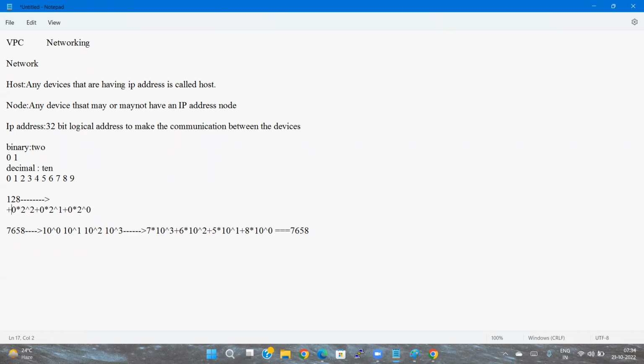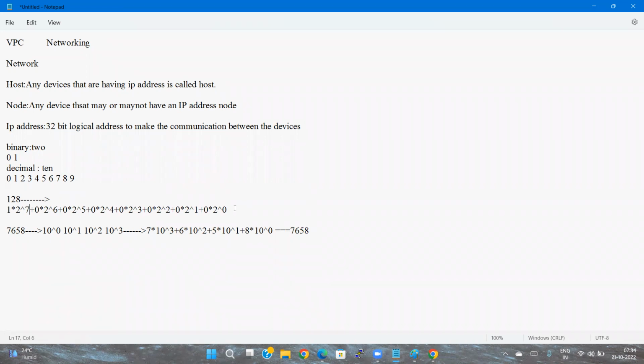2 to the power of 2 is nothing but 4. And again, 2 cube is 8, plus 0 into 2 to the power of 4, that is 16, plus 0 into 2 to the power of 5, that is 32, plus 0 into 2 to the power of 6, that is 64, plus 1 into 2 to the power of 7, that is equal to 128. 1 into 2 power 7 is 128, plus the remaining 0 into anything will be 0.